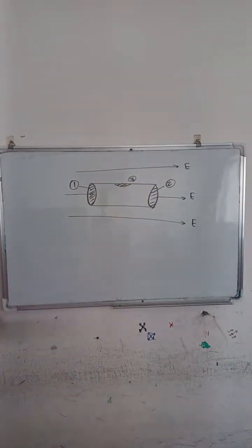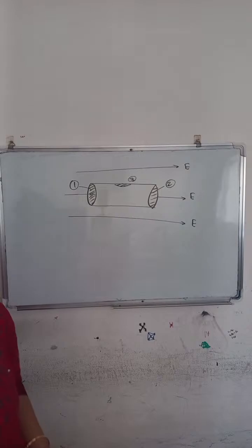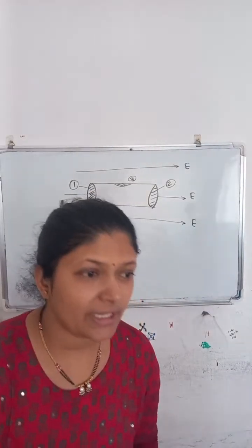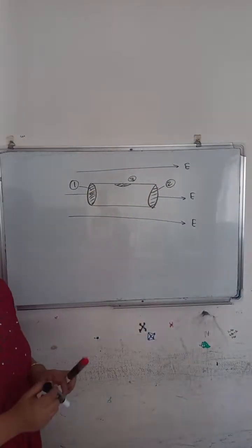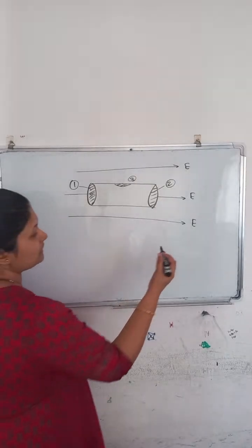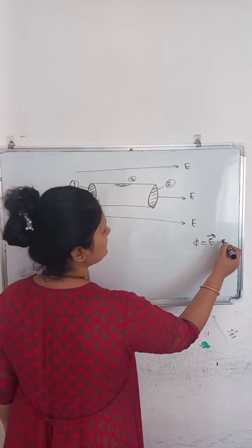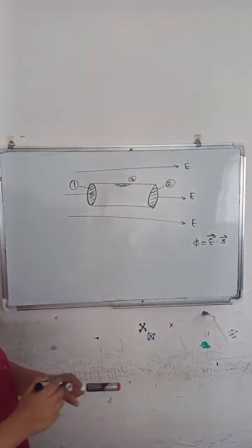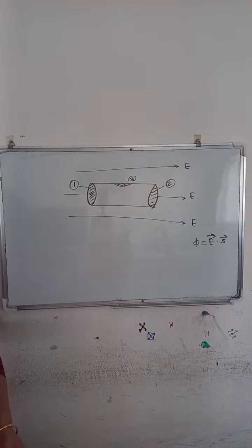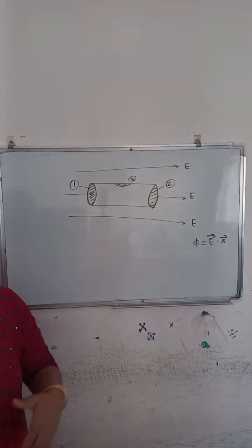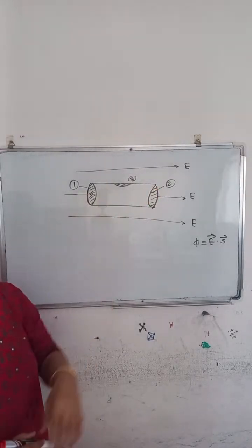Here we are mainly focusing on the area vector, because we know that flux phi is nothing but E bar into dS bar, or S bar. S is nothing but your area. So first we have to identify the area vector for all three different areas.